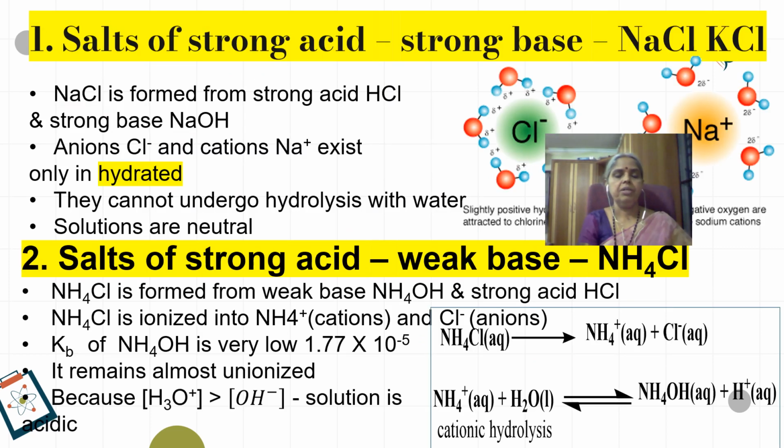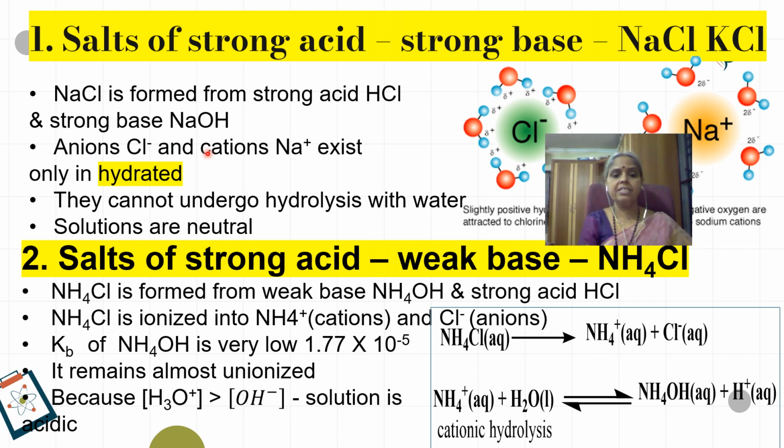Now let us see. Salt of a strong acid and a strong base. Right from our childhood we know this salt, NaCl. NaCl is the salt of a strong acid. What is that strong acid? HCl. What is the strong base? NaOH. So HCl and NaOH combine to form NaCl and water.